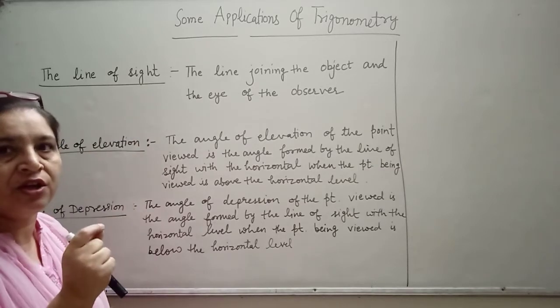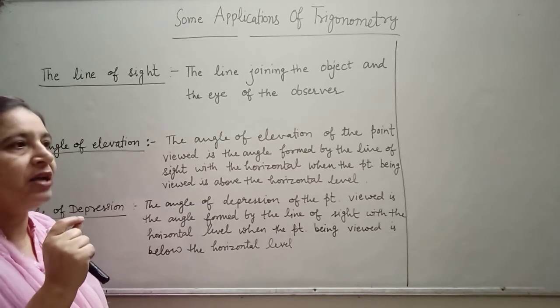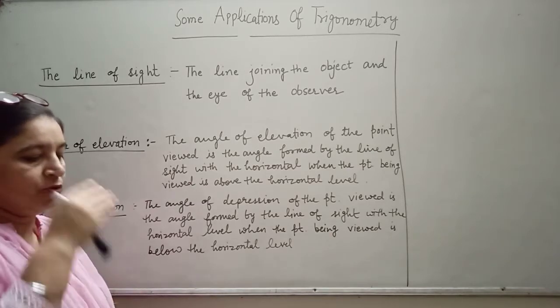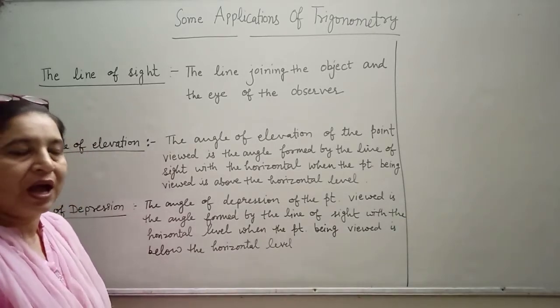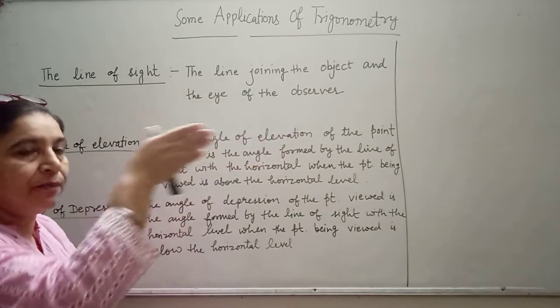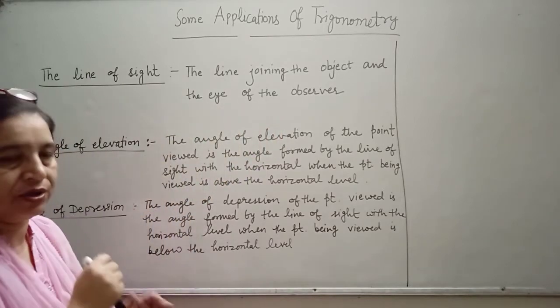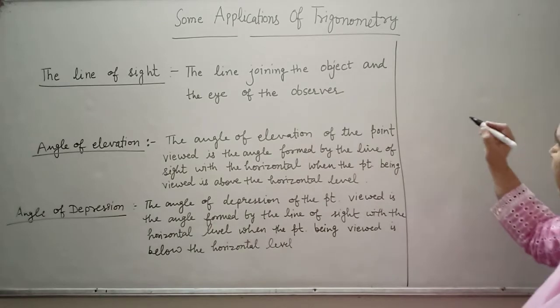And before that you must know what is the horizontal line and what is the level. Suppose this is your horizontal line, the ground where you are standing, and if you watch parallel to that, then that line is known as the horizontal line. Try to understand this with the help of this diagram.